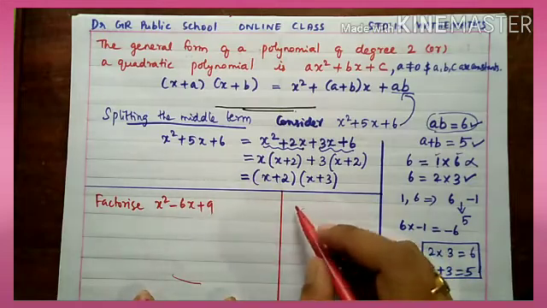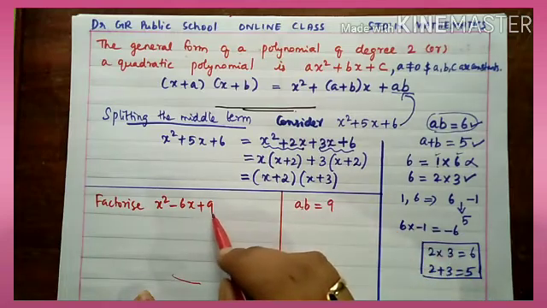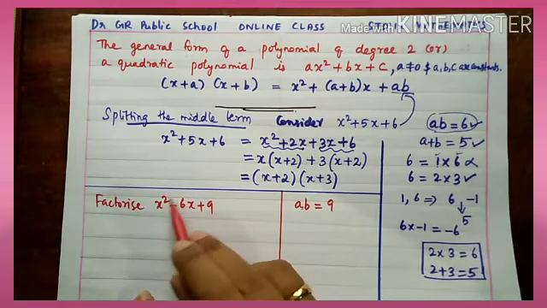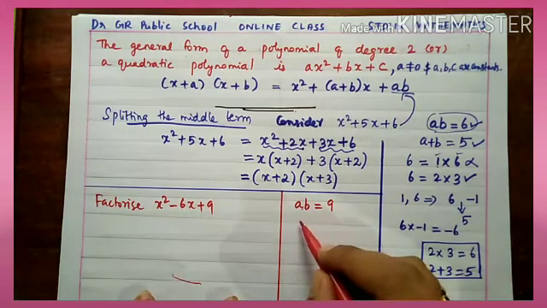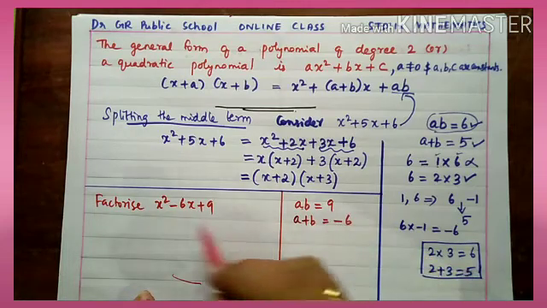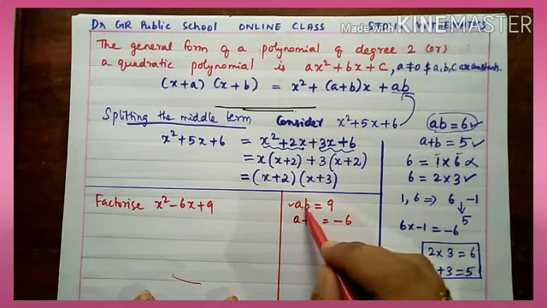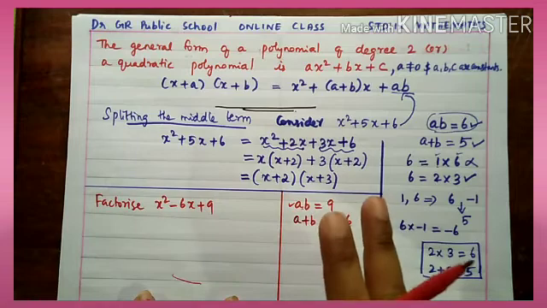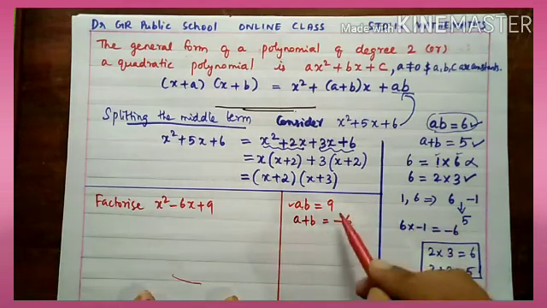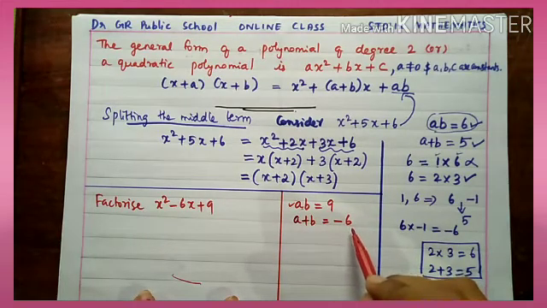You see the constant term ab is the number 9, that is, the product of two numbers is 9, and the middle number, that is the sum of the two numbers, a plus b, is equal to minus 6, that is the coefficient of x. So you want to find two numbers a and b, so that when you multiply the two numbers you get 9, and when you add them you get minus 6.